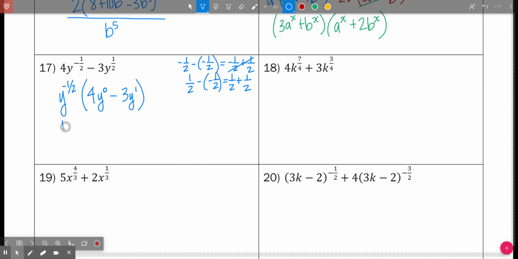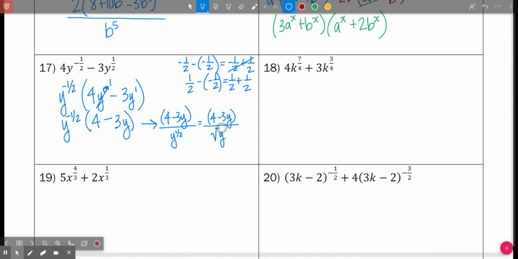So this factors into y to the negative 1/2 power times 4 y to the 0 power is just 1 minus 3y. And you can take it one step farther and you can say, okay, this is really 4 minus 3y over y to the 1/2 power, which is 4 minus 3y over the square root of y.